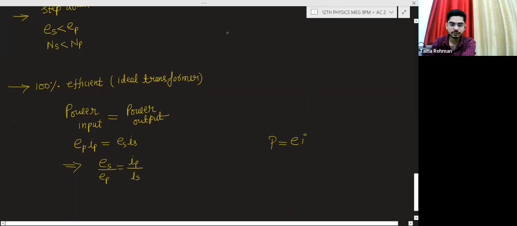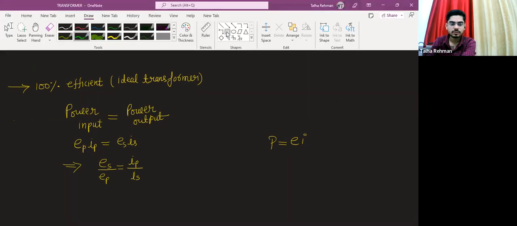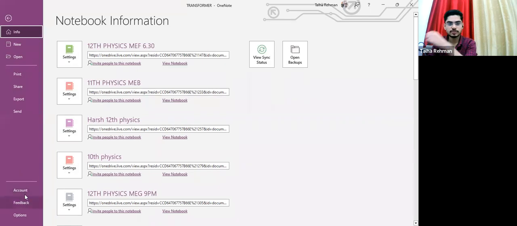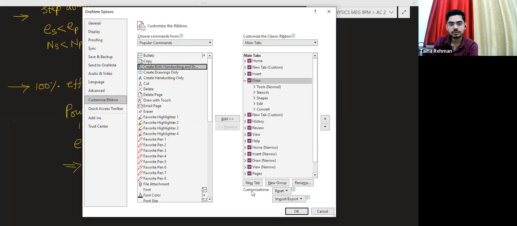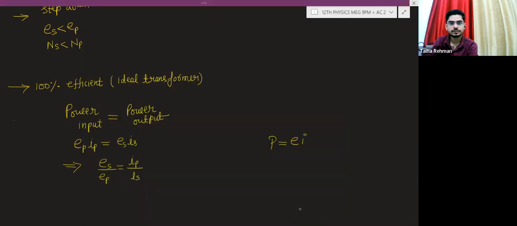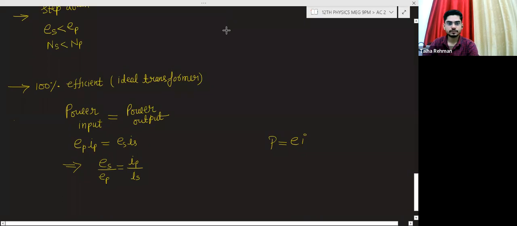But just wait a minute. So this formula we will get, but this formula is valid when your transformer is 100% efficient.